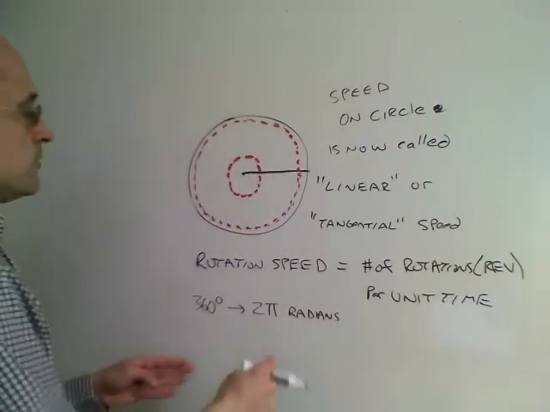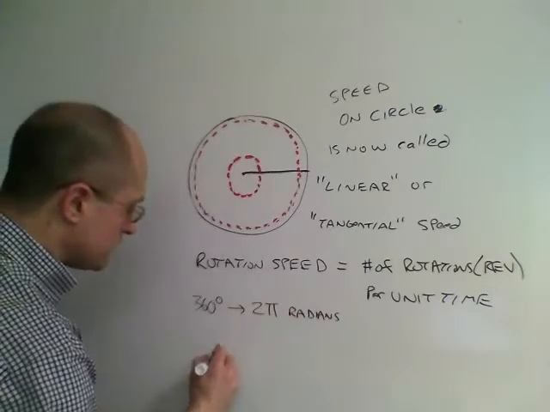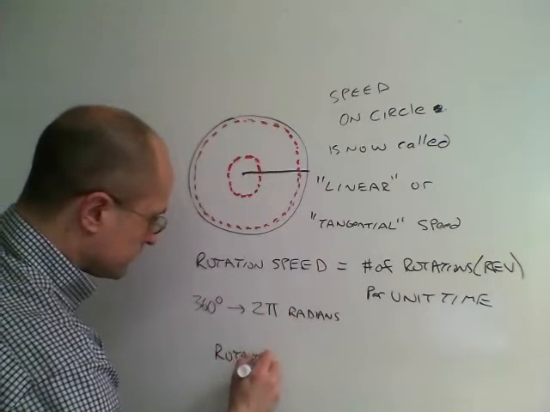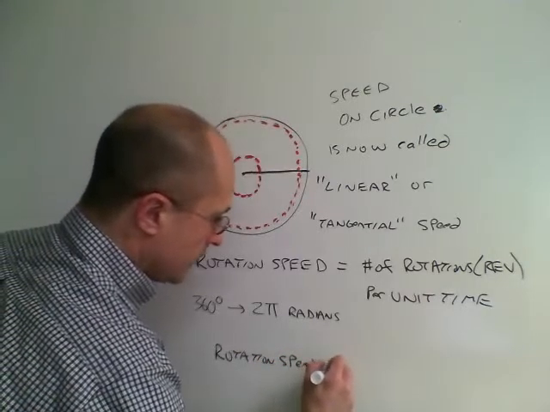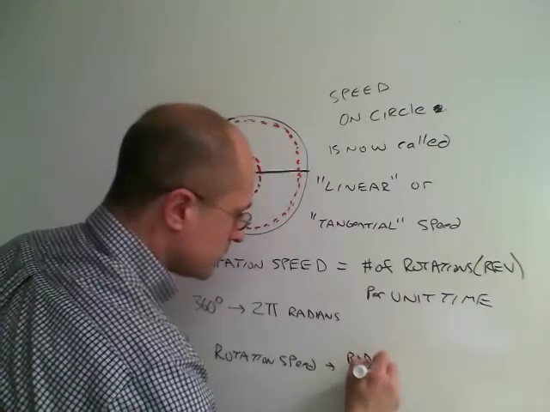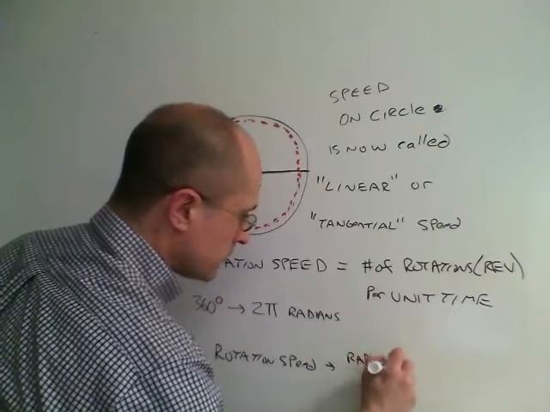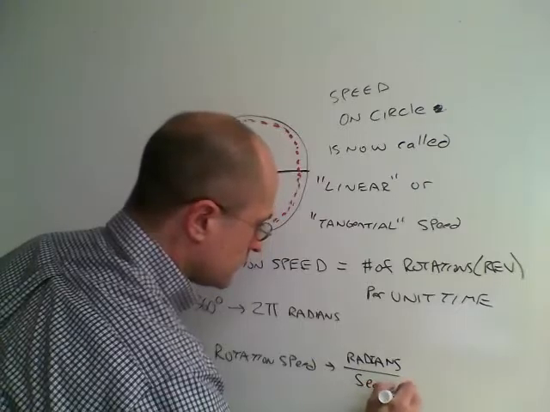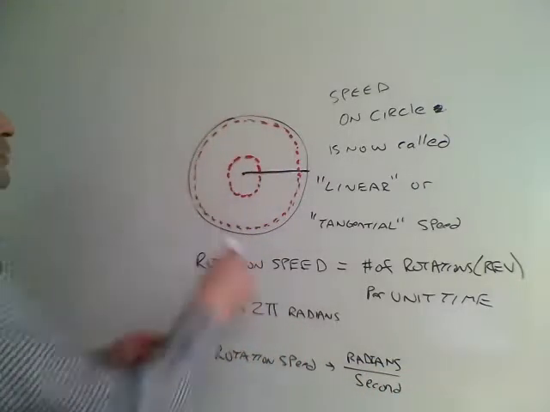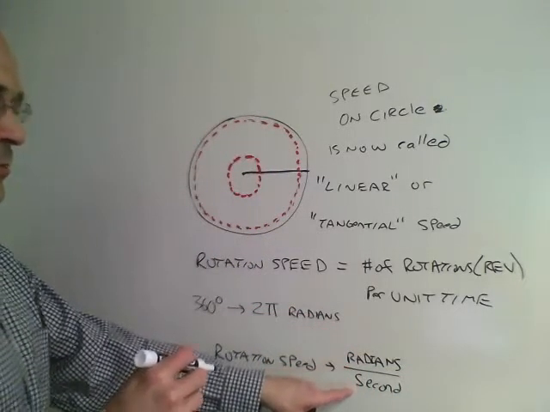And so what you do is you measure your rotation speed in radians per second. So you'd be like, oh, I covered 2 pi radians per second.